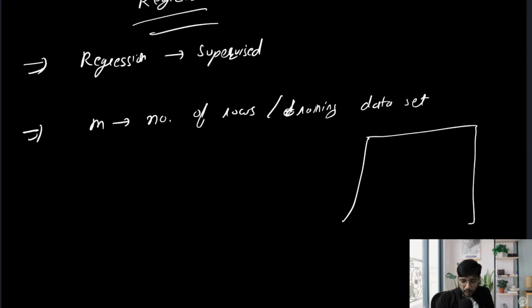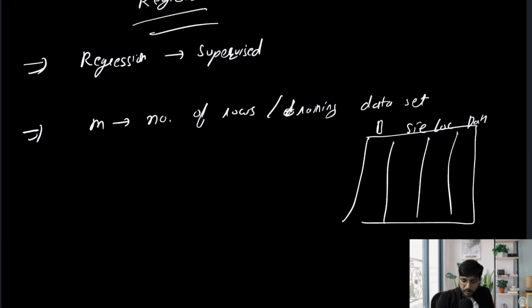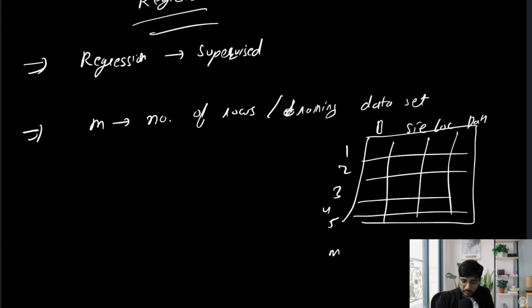That means if you have housing prices, let's say you have 4 features, some bedroom size, some location and bathroom, something else. And let's say you have 5 rows, 1, 2, 3, 4, 5. Then M is 5 in this case.